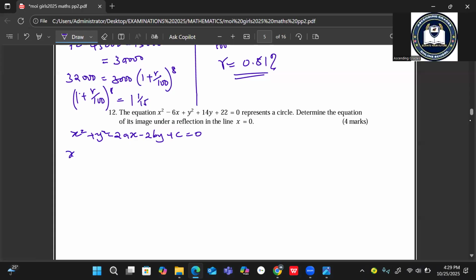So we have x squared plus y squared minus 6x, then plus 14y plus the constant, which is 22, equals 0.